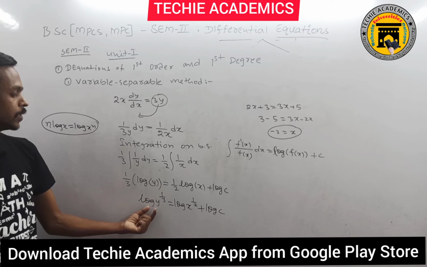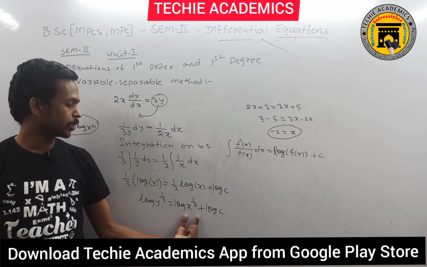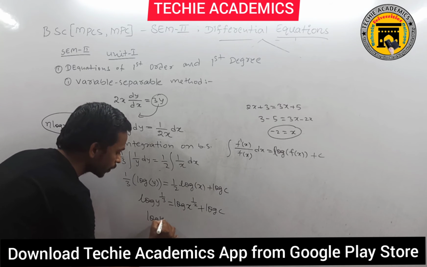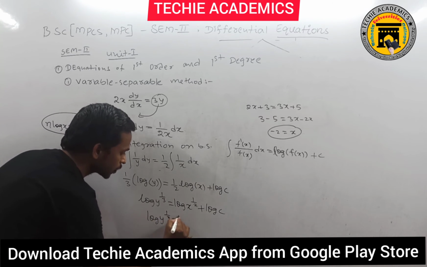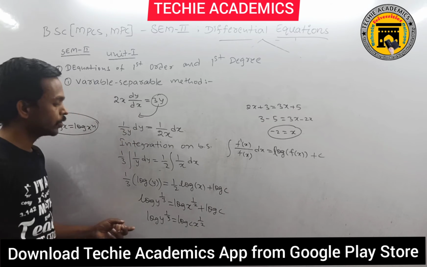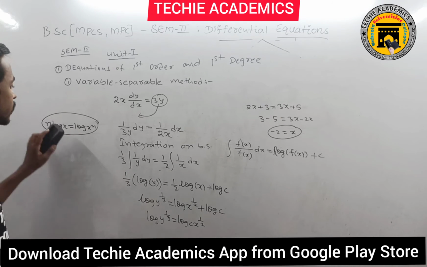Okay, if you observe here, it is in the form of log a plus log b. It can be written as log ab. So log y power of 1 by 3 is equal to log c x power of 1 by 2. If you apply anti-log on both sides, then you will get the required general solution.